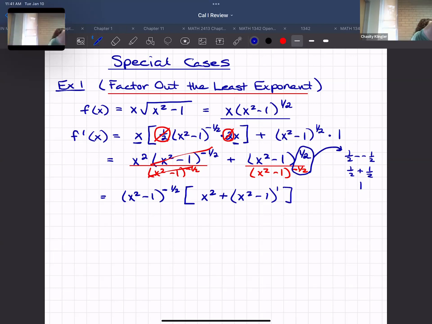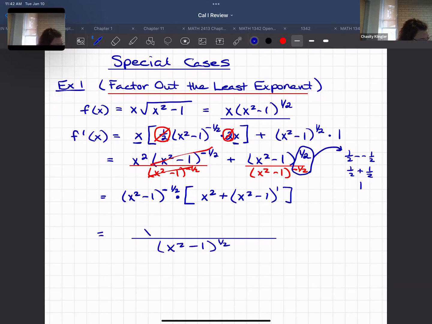And now since that binomial in front is multiplied by that whole thing, I can move it down because it's a negative exponent under the whole thing, because now it's multiplied there. So now I've got x squared minus 1 to the 1/2, or you can put the radical back on it now, it doesn't matter.